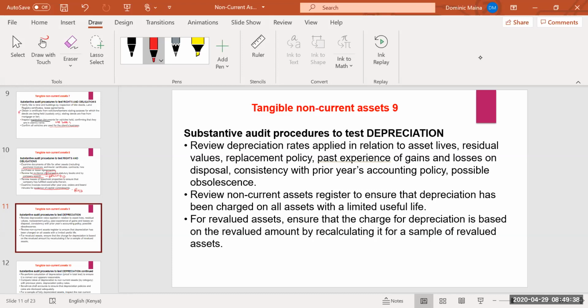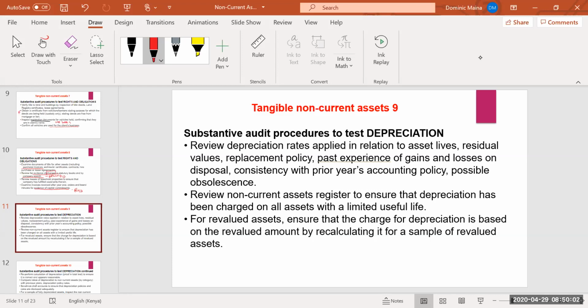Any of the tangible assets that have an end to their economic life, the company needs to be charging depreciation, or amortization, whatever the case is. There should be a depreciation charge for all those assets that have an end life; that's a must.